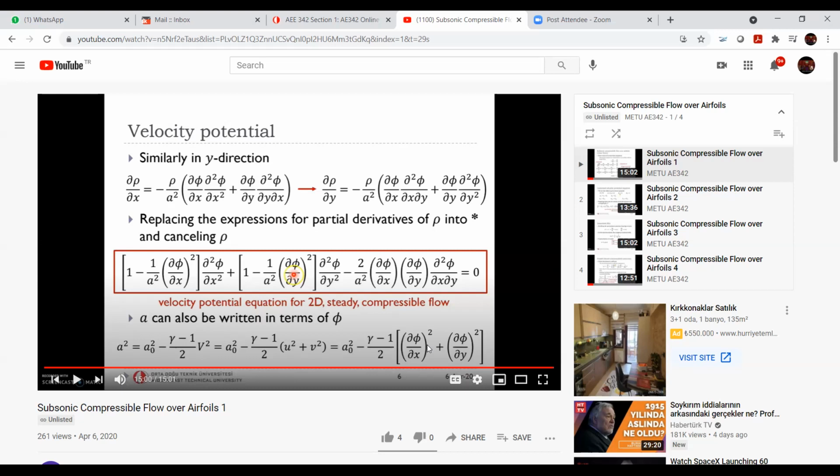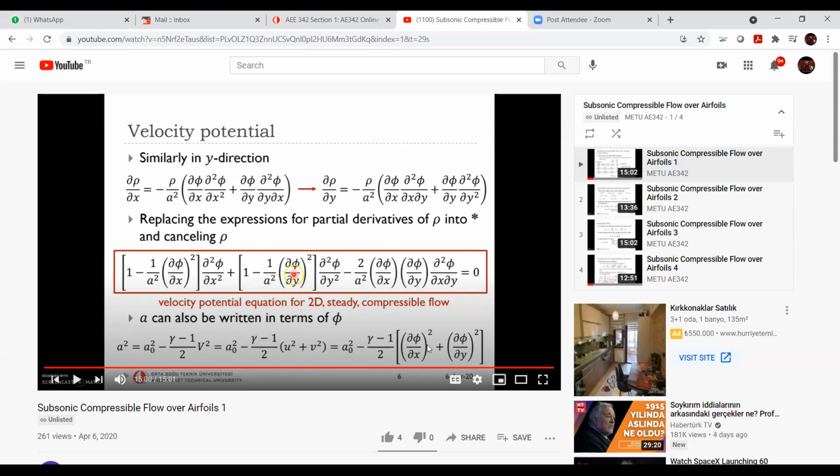Let me ask you guys a question. We did a similar approach for subsonic incompressible flow in the aerodynamics 1 class. We derived the velocity potential equation for 2D steady but incompressible flow.